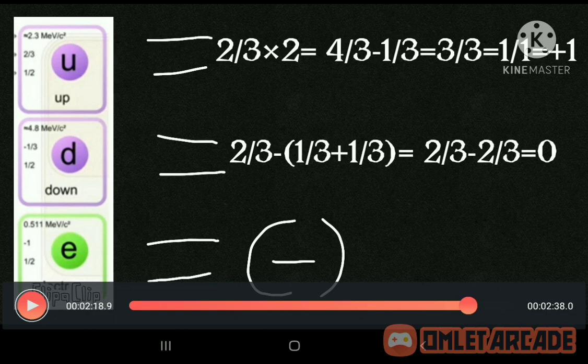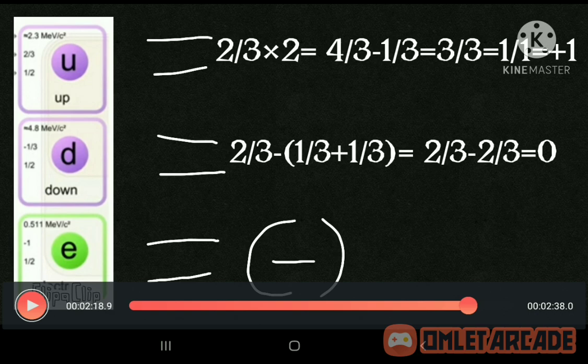So how do we know whether a proton is positive or negative? 2/3 multiplied by 2 is 4/3, minus 1/3, and then it becomes 3/3.